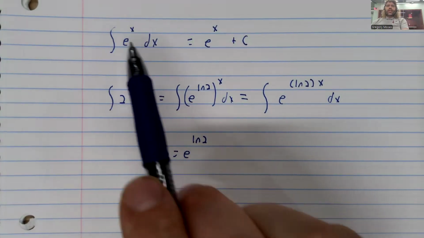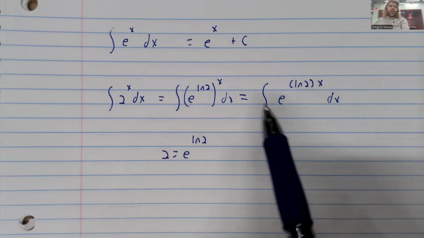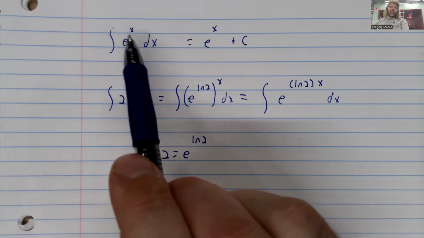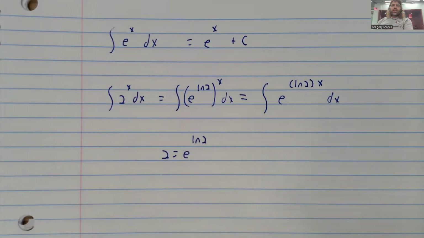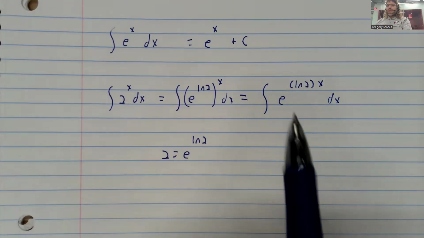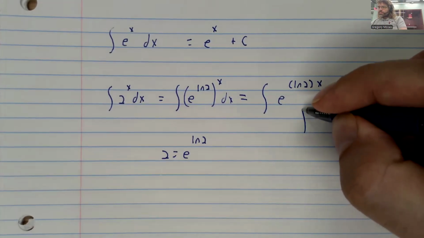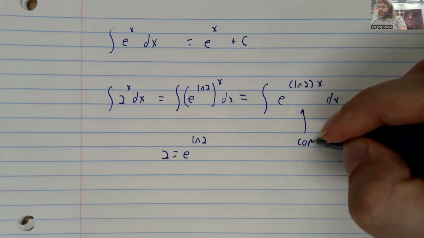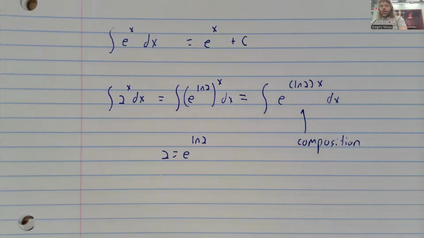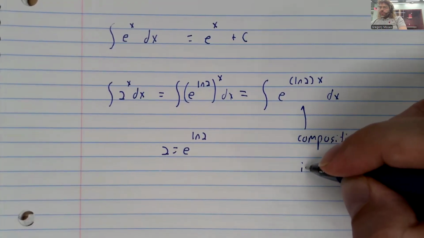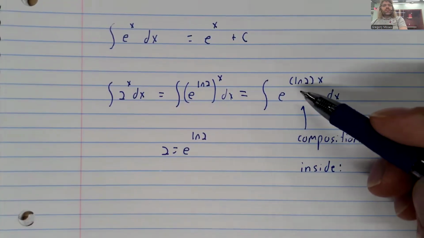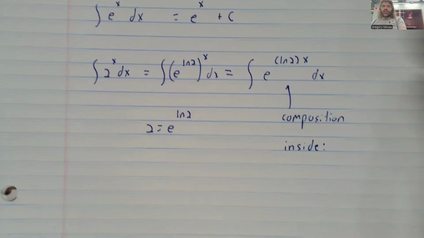Okay, so we've gotten the exponential we're used to working with. But the trade-off we had to make to get e as our base is that now we have a little composition. We don't just have e, we've got e with an inside function here.